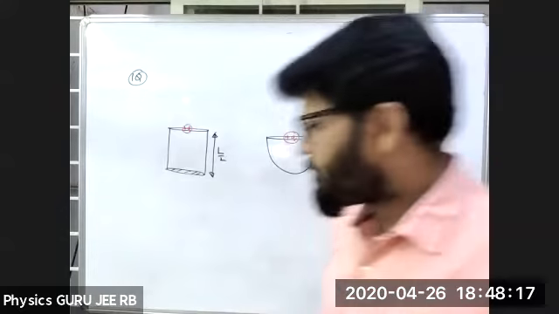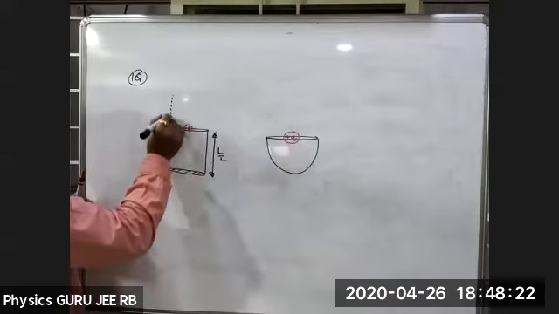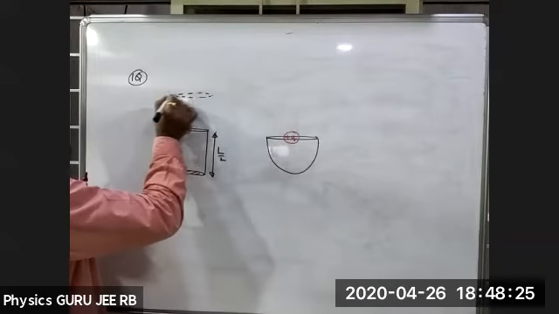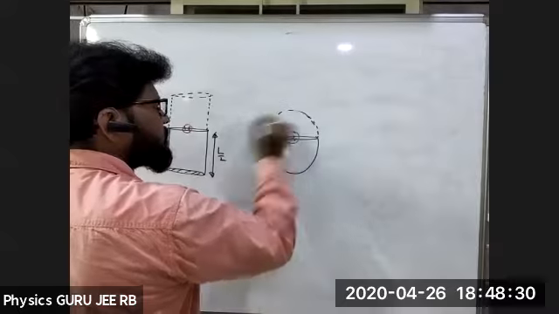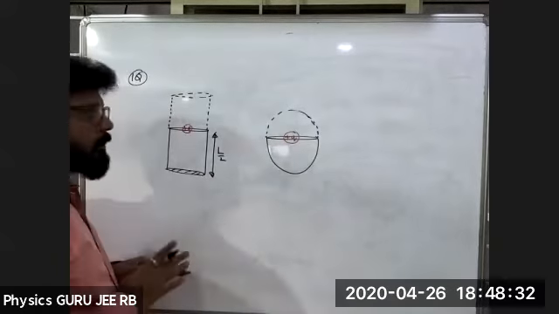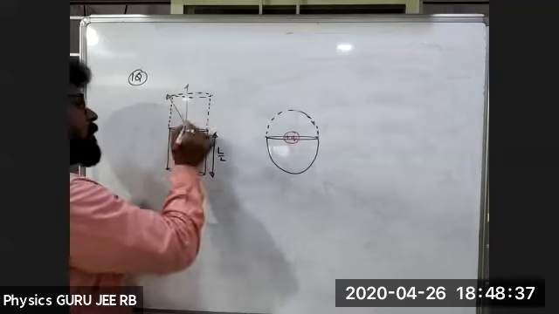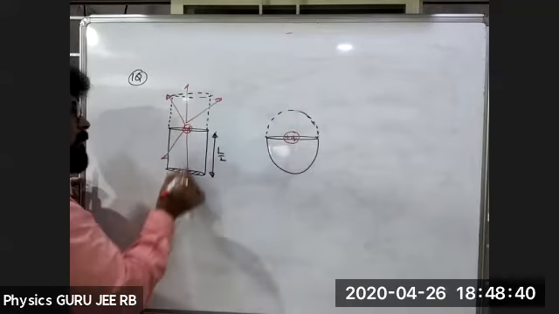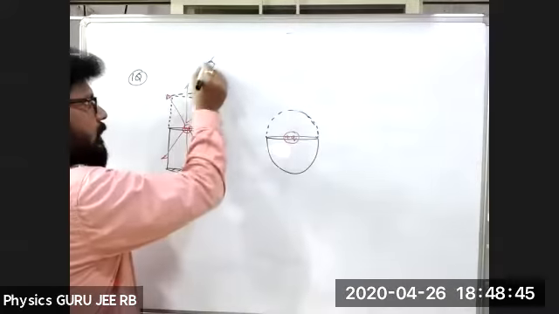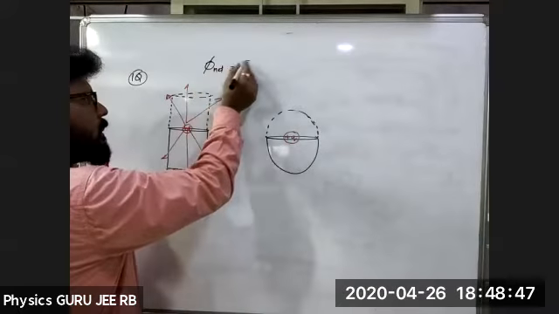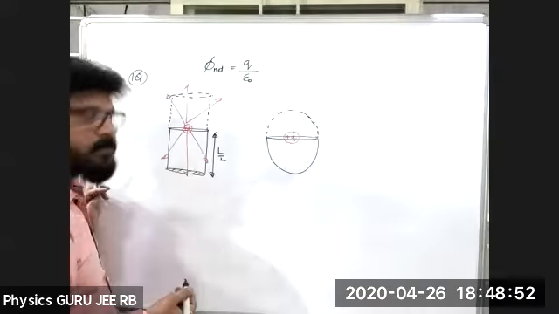So how is it possible? For that, we'll construct a Gaussian surface here. Try to make it a complete Gaussian surface. Then you can say that the flux coming out from the upper and lower parts is equally distributed. The net flux is Q by epsilon naught.